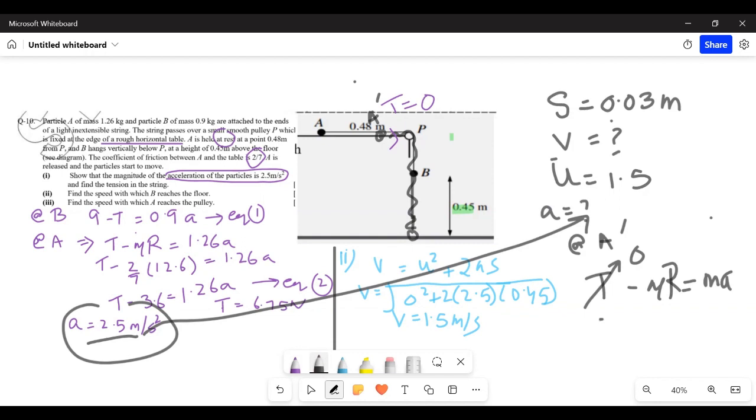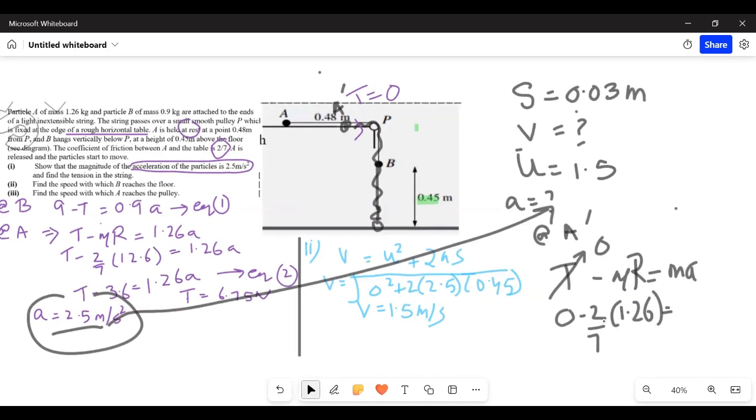So T is 0 minus mu, which is 2 by 7, R for A was 1.26, is equal to 1.26 into A. So these get cancelled. So A is equal to minus 2 by 7.